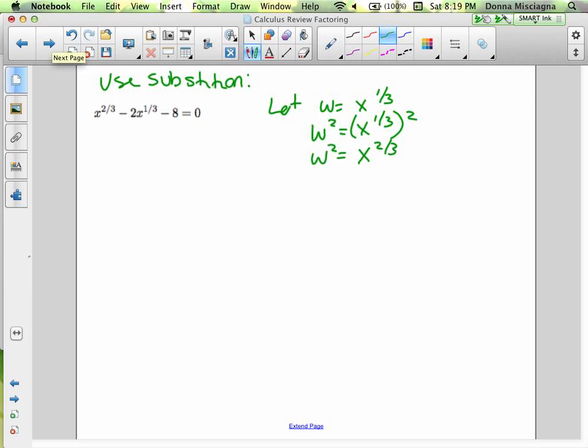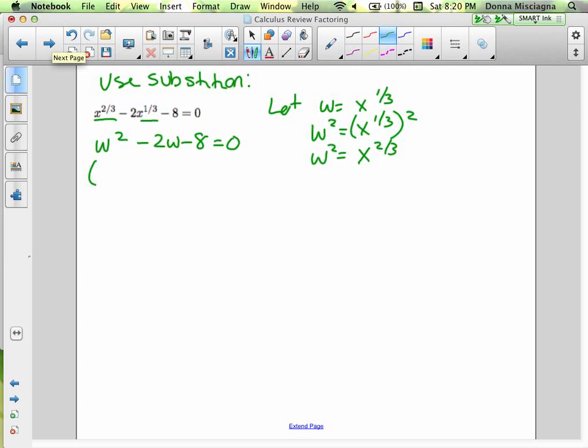So anytime that variable is just this variable squared, then we can just use substitution. We have w squared minus 2w minus 8 equals 0. Nice, easy factor now.